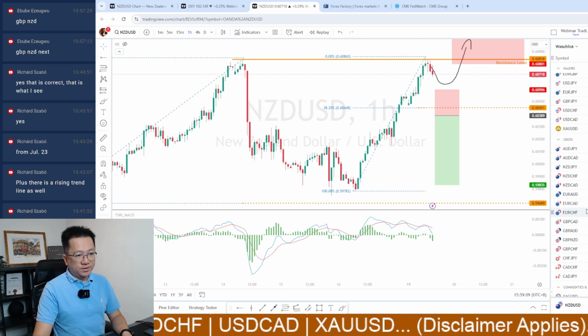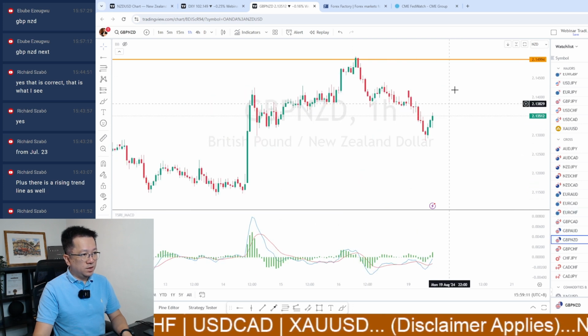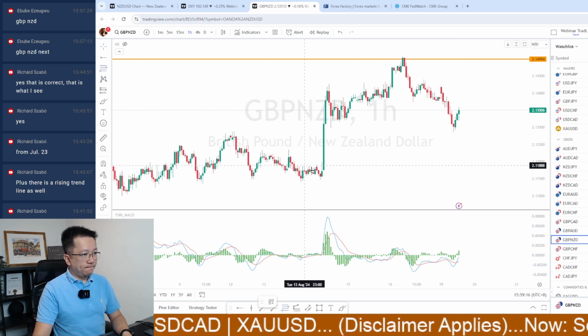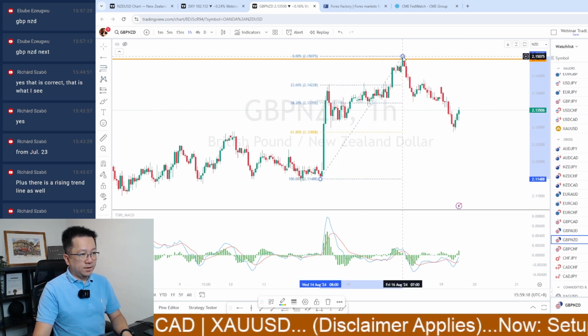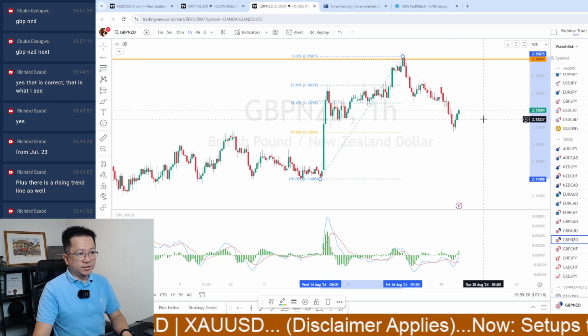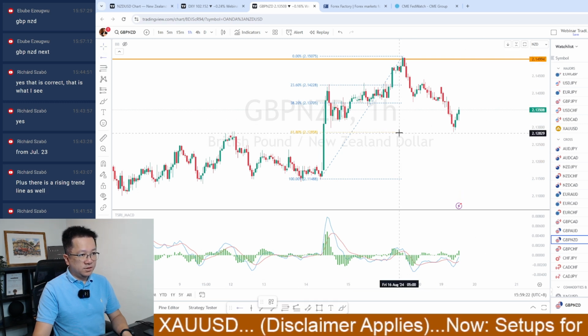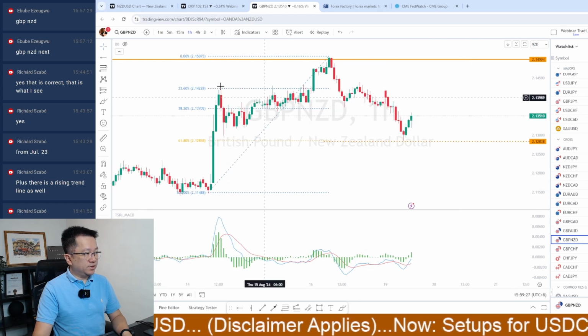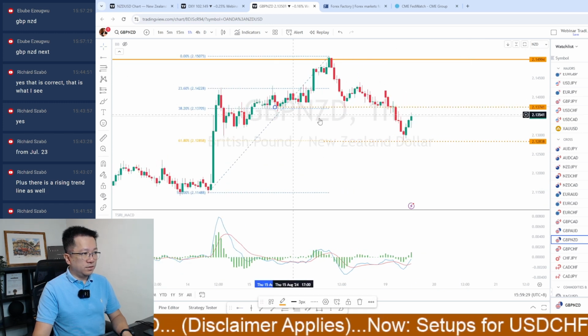So that's why we're seeing the pound kiwi retrace back up. Looking at this, 61.8 is there. It's bounced off 61.8 at this point here.